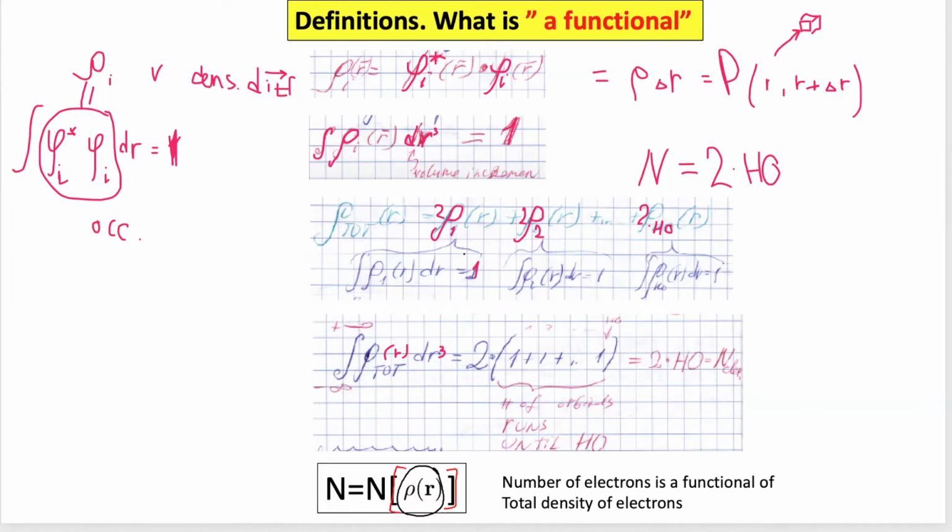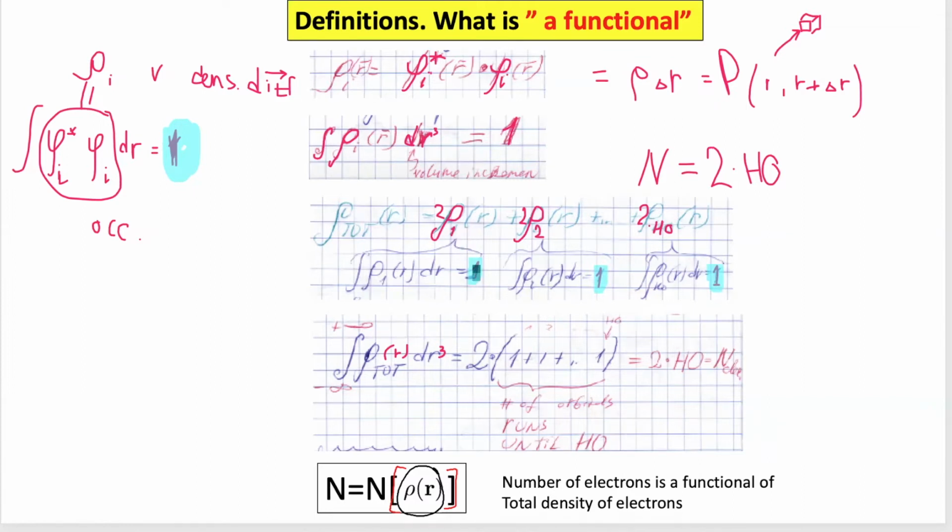What will be the integral of each of these densities? If you integrate each of these rho, what will be the result of the individual integration for each of them? So we need to sum up all the densities. Yes, but we can integrate them individually, right?